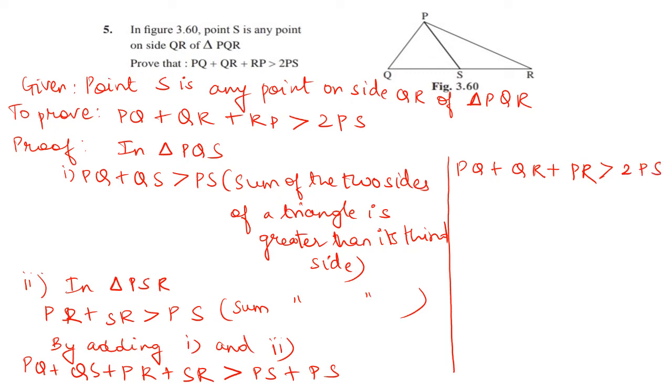So hence we have proved that PQ plus QR plus RP is greater than twice of PS. You will write down PQ plus QR plus RP because PR and RP are the same, but you will write it whatever is given in your question.